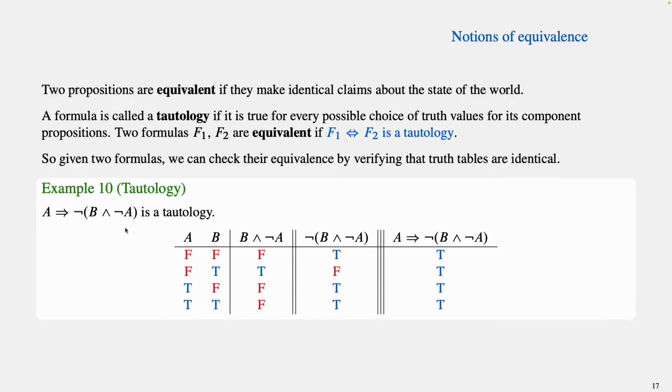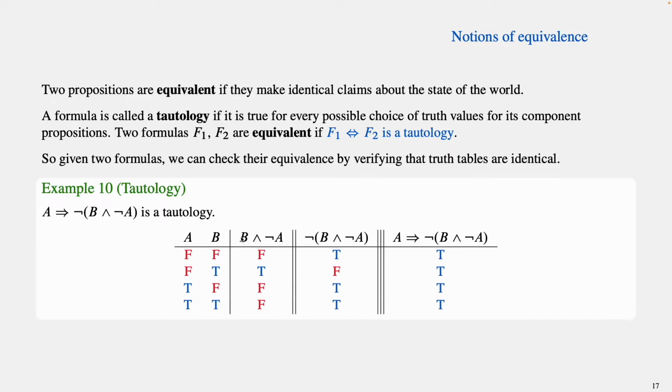I write down the truth table, so I already did it here. Let's go through the steps. So here we have all possible combinations of truth values for A and B. And then first I look at this part here, B and not A. And by using the truth tables we know, this has to be true precisely if both parts here are true.